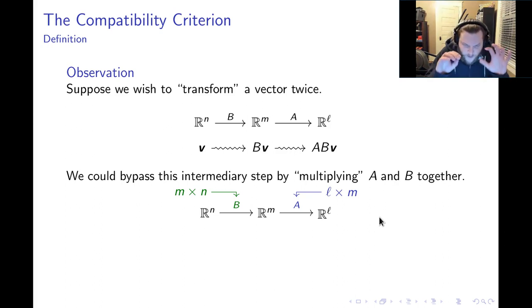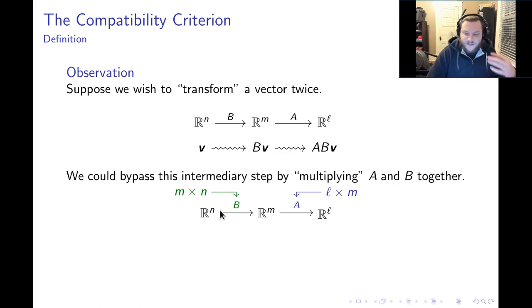So right away what we're seeing is that to even pose the question that we're starting with, which is what happens if we want to transform a vector twice like this, we immediately see that we need to be in a situation where one of our matrices has the same number of columns as the other one has rows.